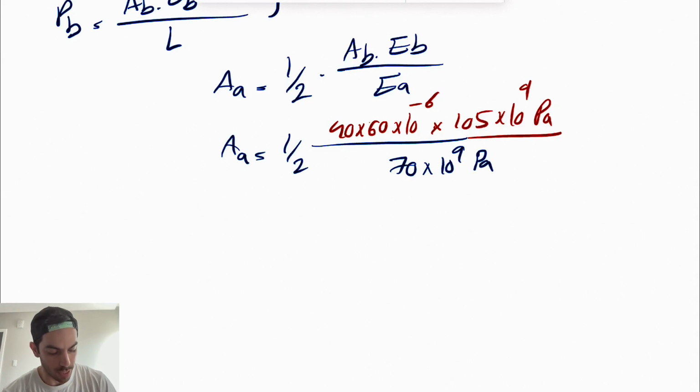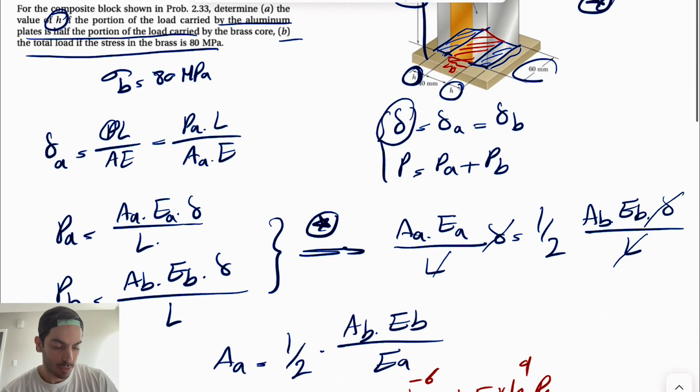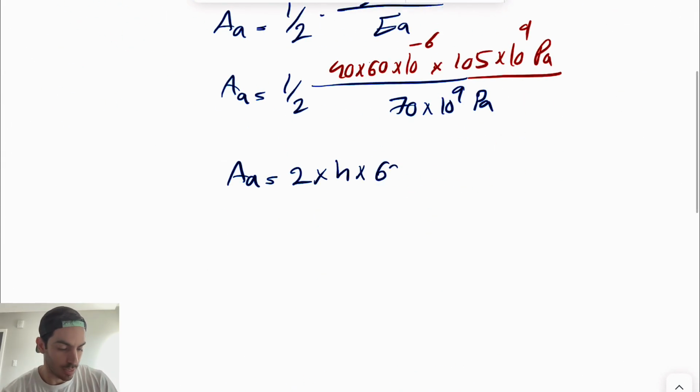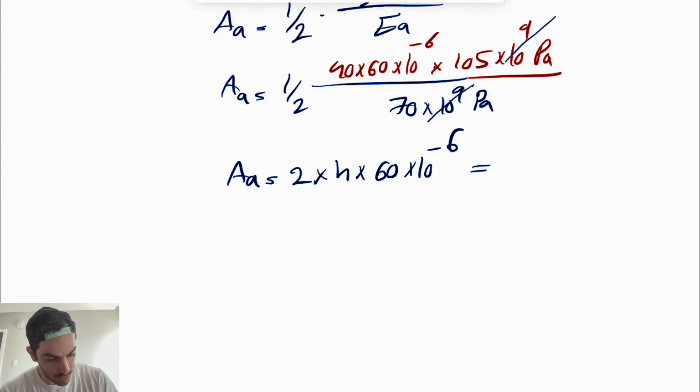And now we can find the area of the aluminum, which would be 2 times H times the other side, 60 millimeters, so 60 times 10 to the minus 6, and this will be equal to 40 times 60 times 10 to the minus 6 times 105 over 70.